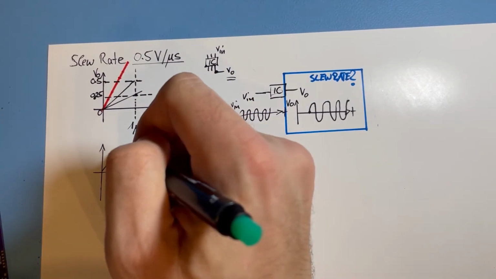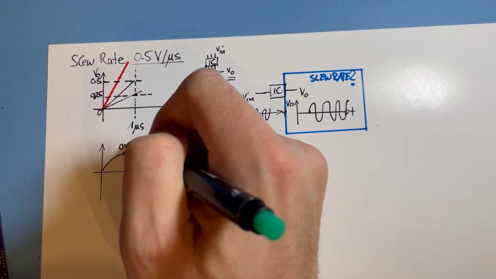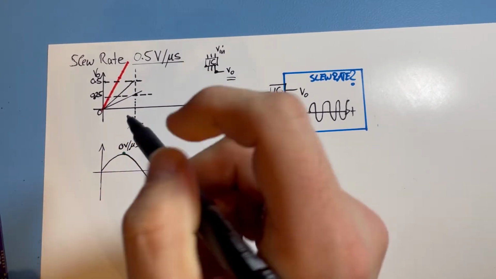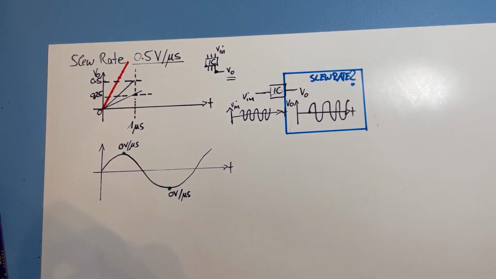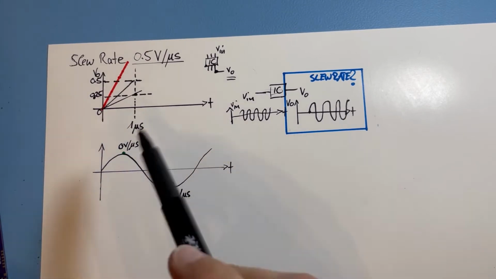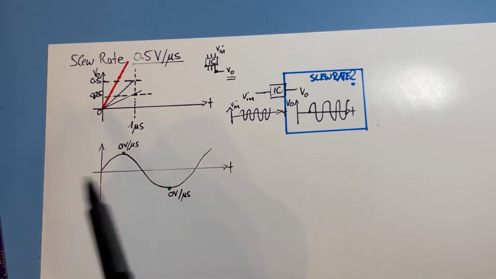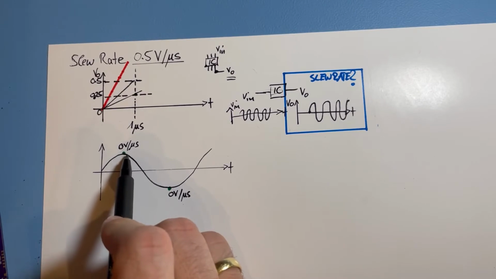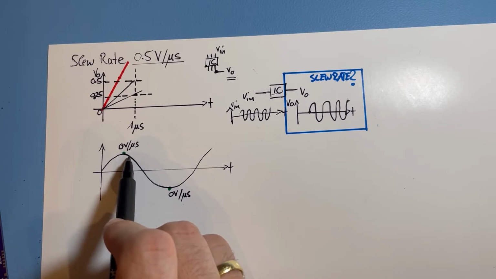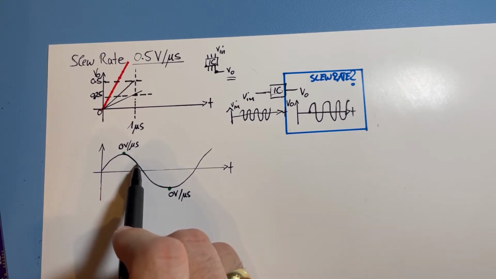And then also here the change is 0 volts per microsecond. And then he said another thing: then here we get a little bit more towards negative, and then more and more negative.